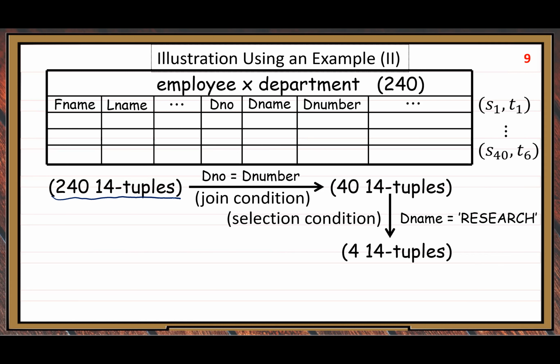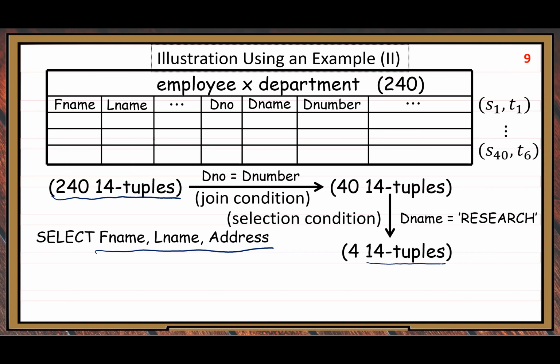Then you need to do projection, project to the 3 attribute list. You need to take away 11 attributes and only keep the 3. So the last step is projection, for the remaining tuples.